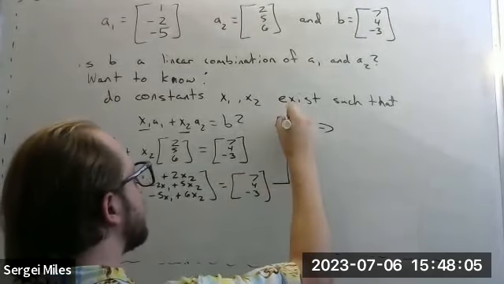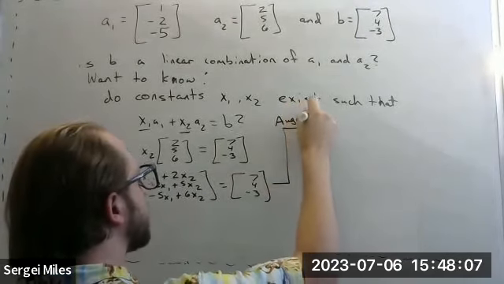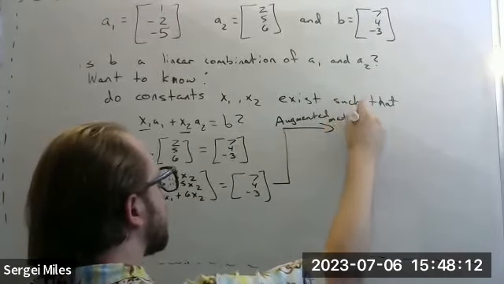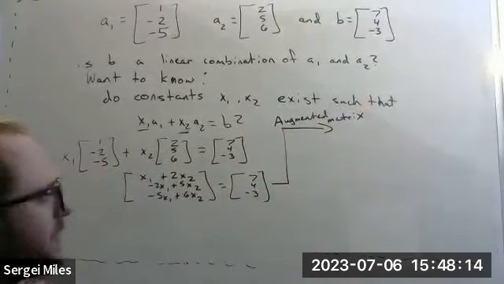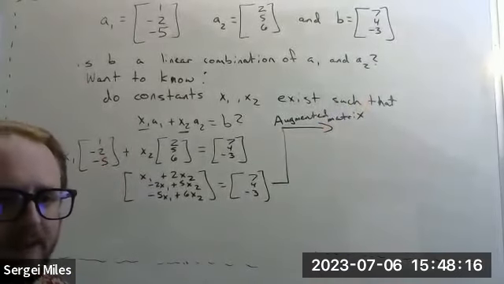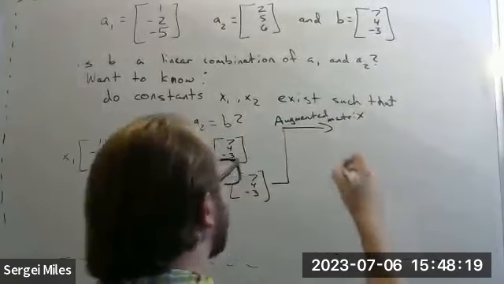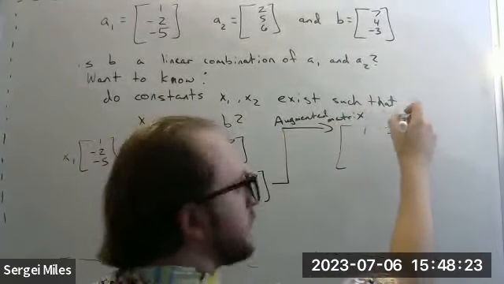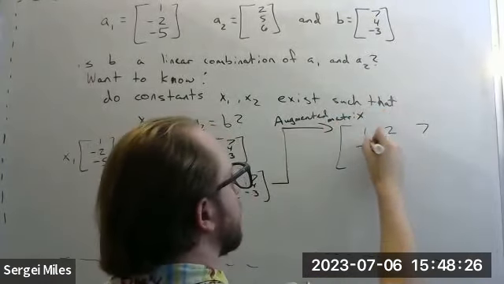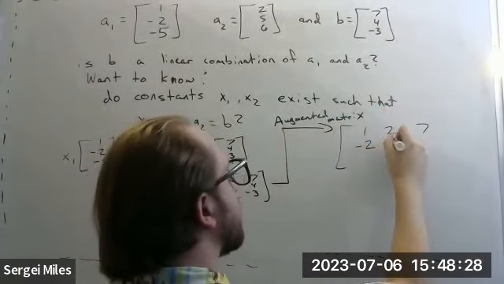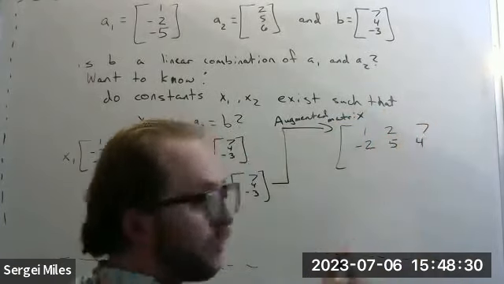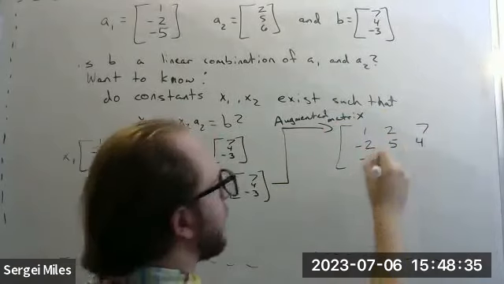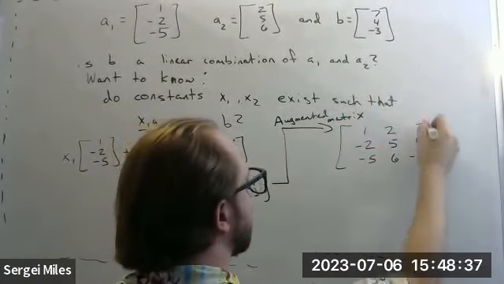We can turn this into an augmented matrix. Right? We can rewrite this as an augmented matrix. And so we have 1, 2, 7, -2, 5, 4, -5, 6, -3.